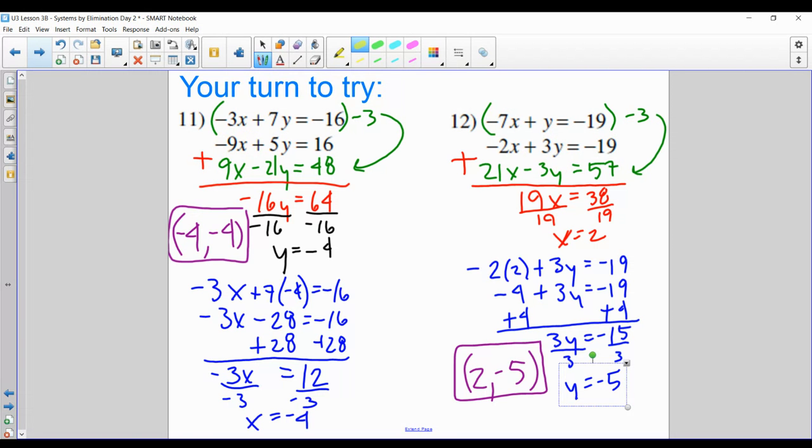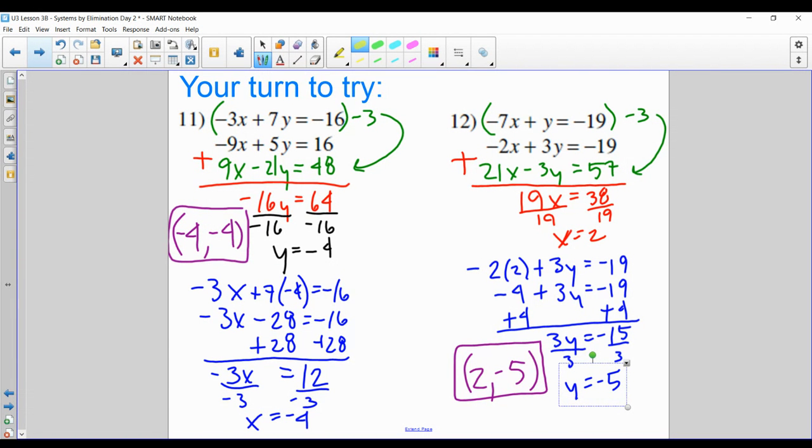Okay, so there are your answers. On the first one, you should have gotten a solution of -4, -4. And on the second one, a solution of 2, -5. There's just one more part of this. So far, we've done these elimination problems 3 different ways.